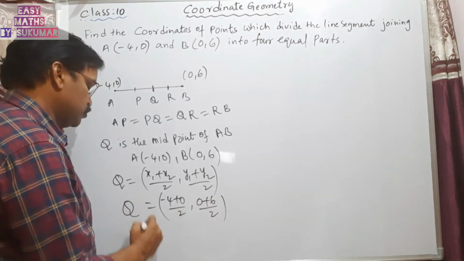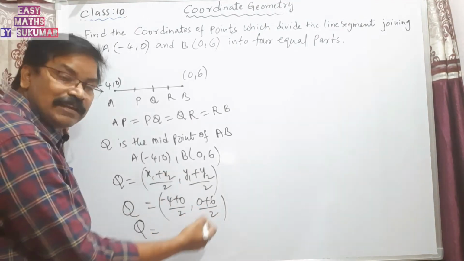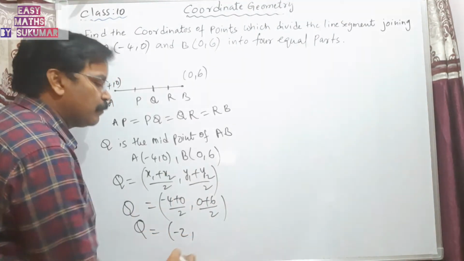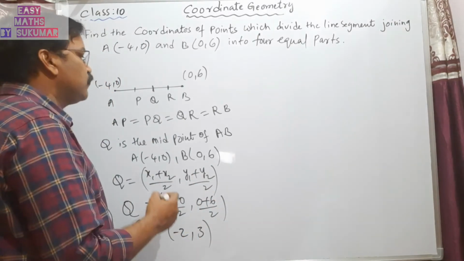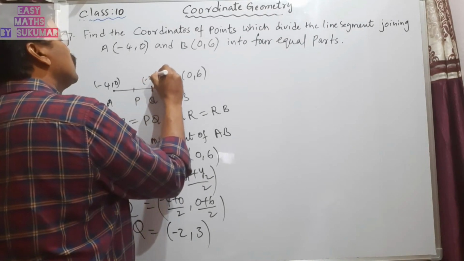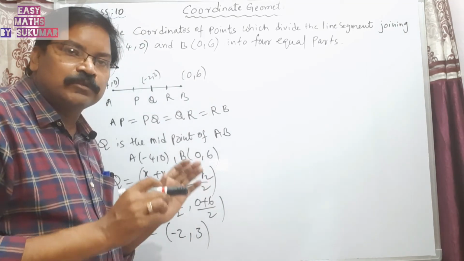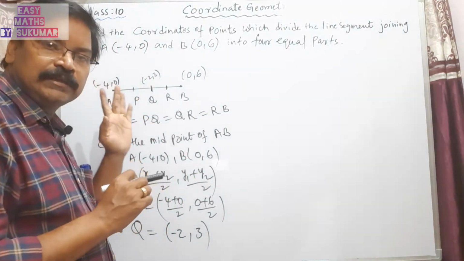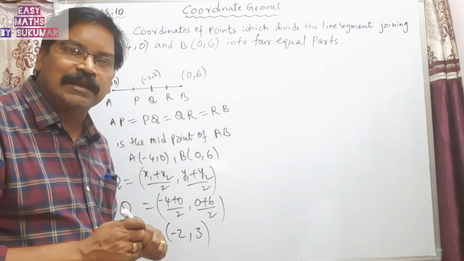So Q is, students, minus 4 plus 0 is minus 4, minus 4 by 2 is minus 2, comma 0 plus 6 is 6, 6 by 2 is 3. Therefore, the coordinates of Q are minus 2 comma 3. We have just found the point Q only. There are 2 more points, P and R.